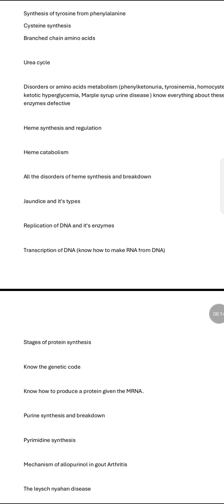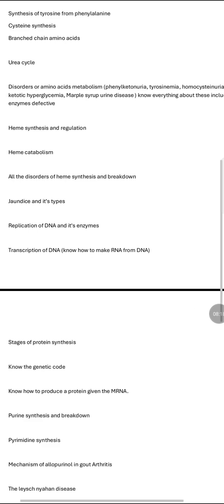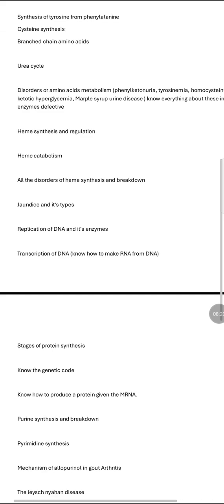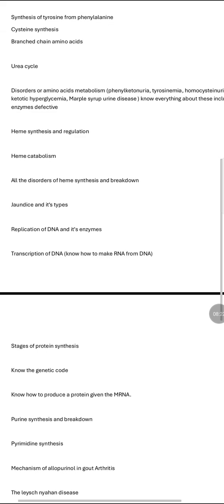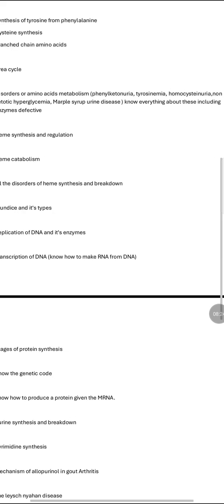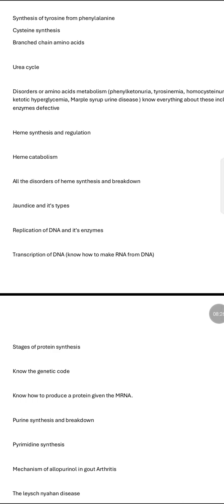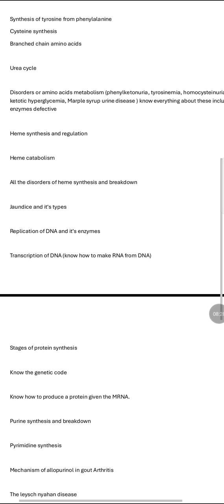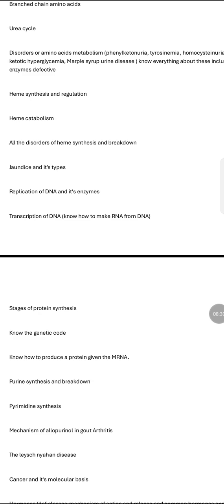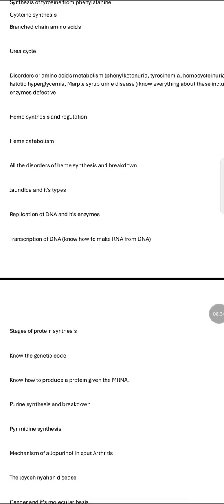And I've highlighted here disorders of amino acid metabolism like phenylketonuria, tyrosinemia, homocystinuria, non-ketotic hyperglycinemia, maple syrup urine disease. Know everything about these enzyme deficiencies, right? If the enzymes are defective in this case.